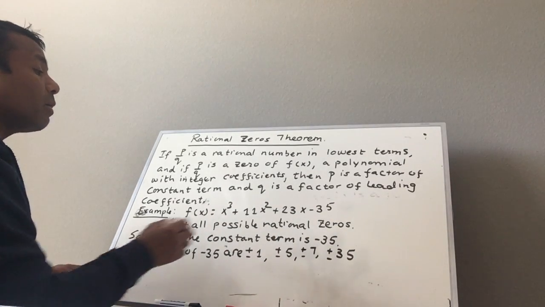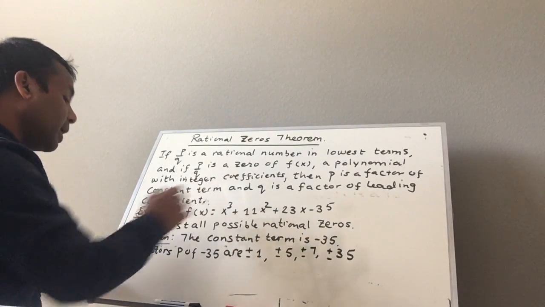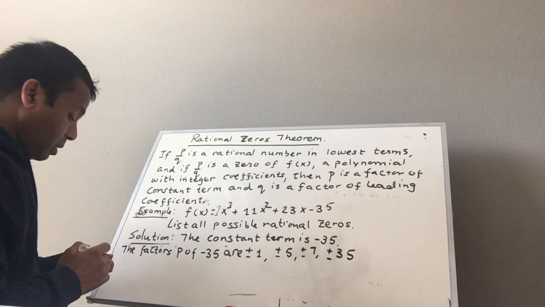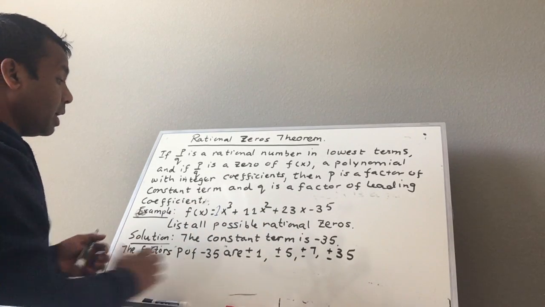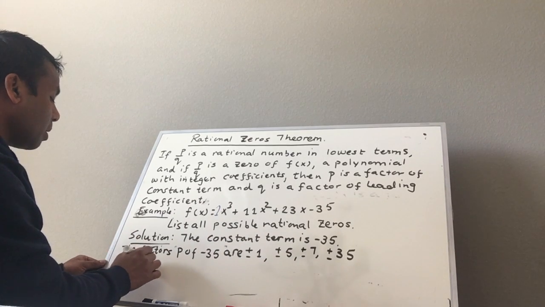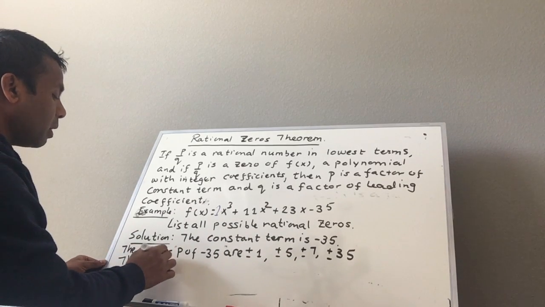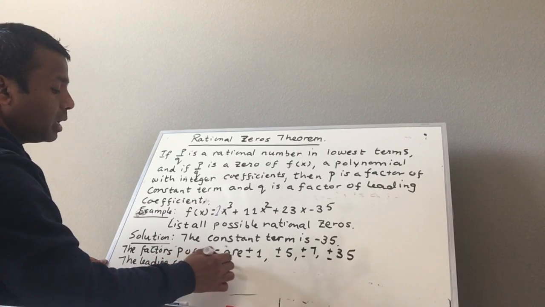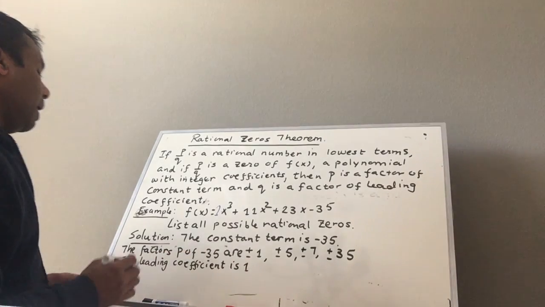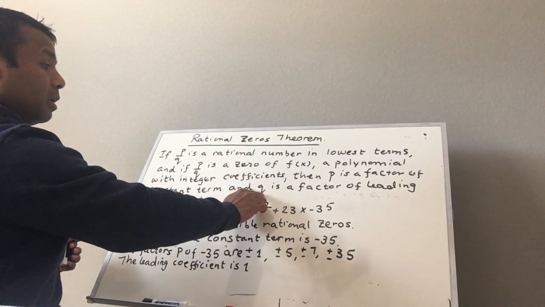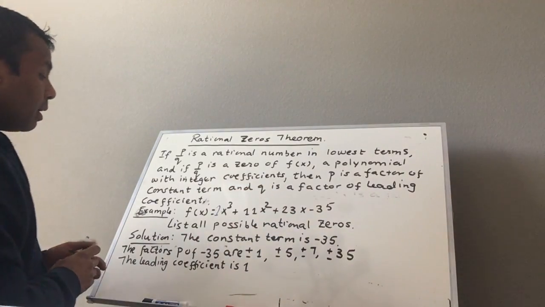Similarly, you know the leading coefficient is 1. The leading coefficient is the coefficient of the variable with the highest power. The leading coefficient is 1, and Q denotes the factors of the leading coefficient.